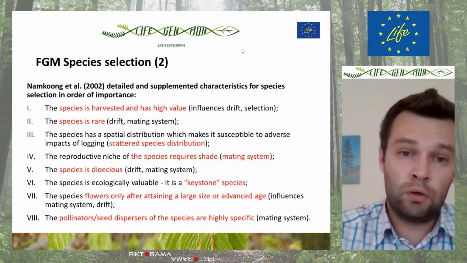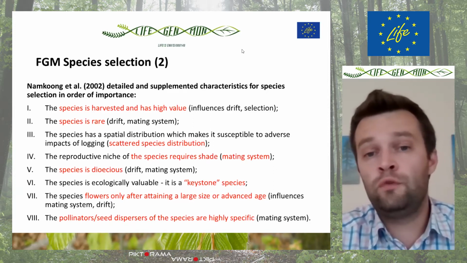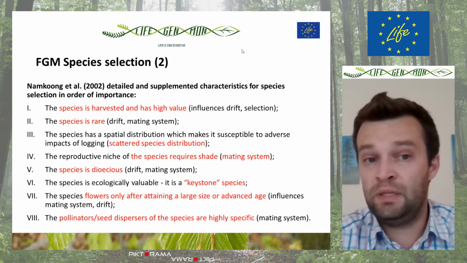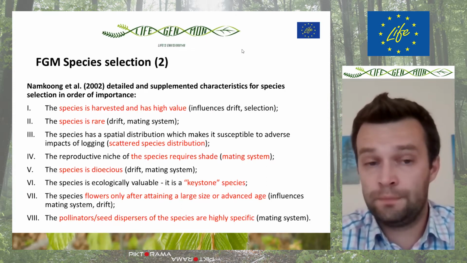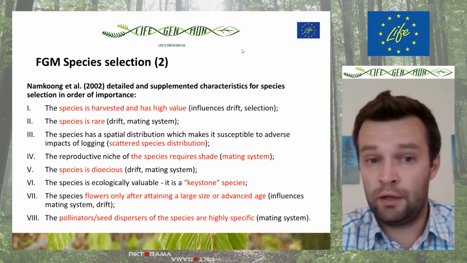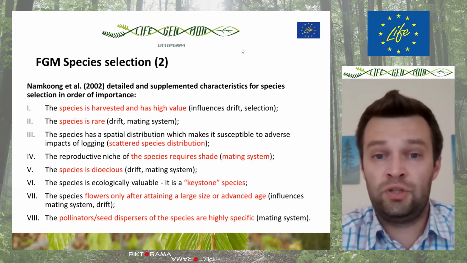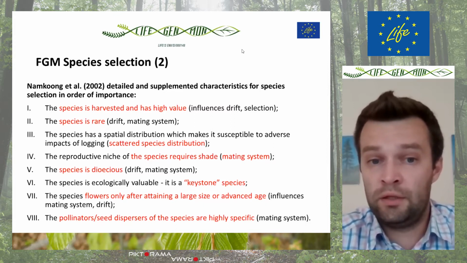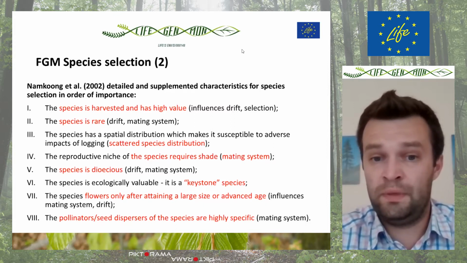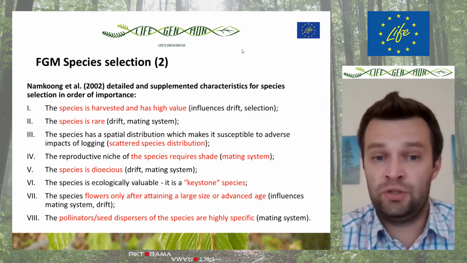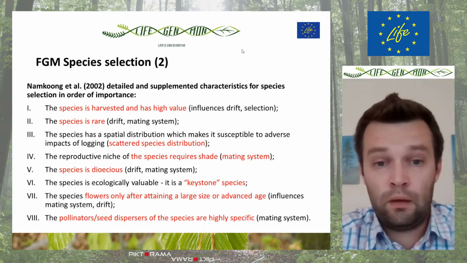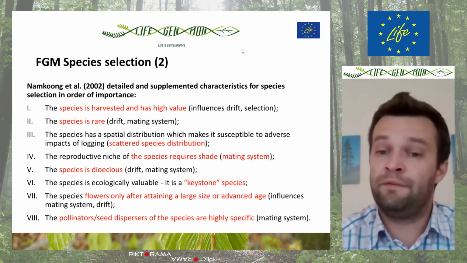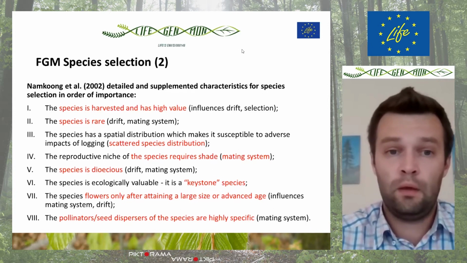Later on, Namkoong in 2002 improved and supplemented the characteristics for species selection in order of importance. So for example, he used 8 characteristics, like if the species is harvested or not, if species are rare or scattered, if the reproduction system is specific, if the species is dioecious, or if it is a keystone species, or if there are some specifics in the pollination system.